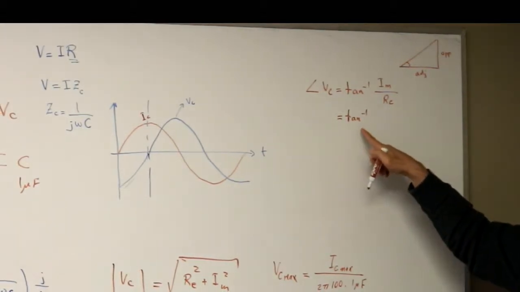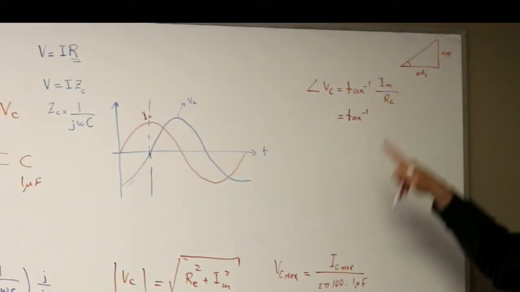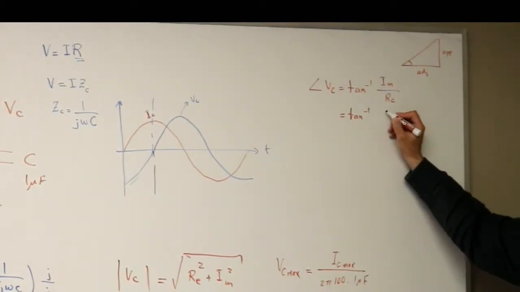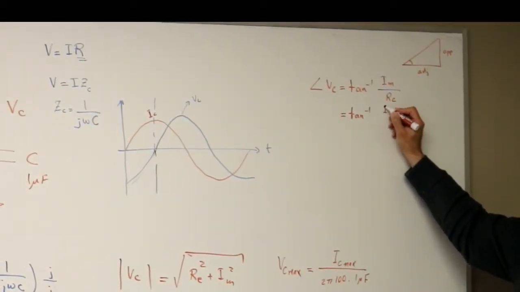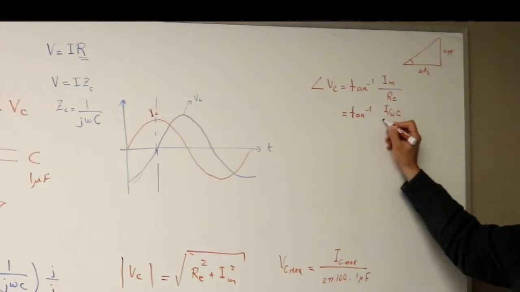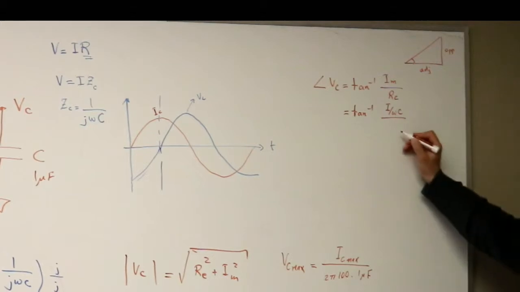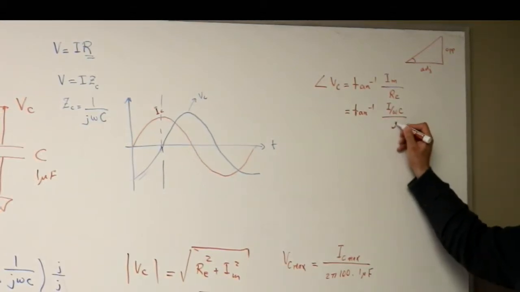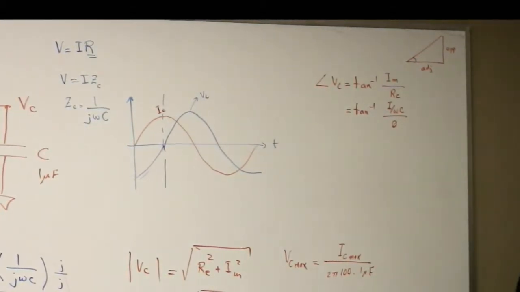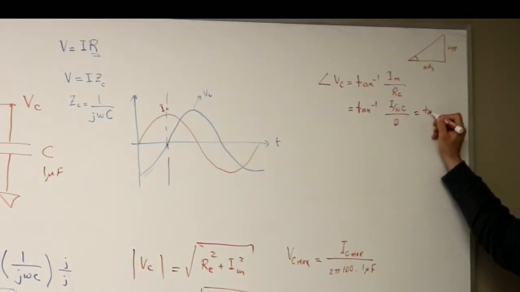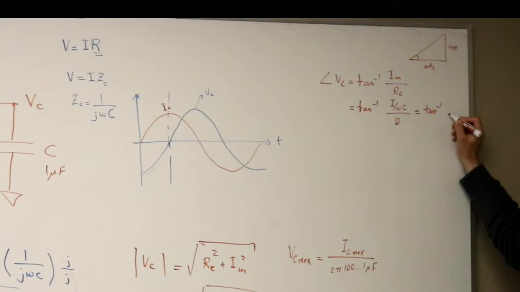But so what is the inverse tangent? What is the imaginary part of this? It's just I over omega C, right? What's the real part of it? Zero. So what's the inverse tangent of this?